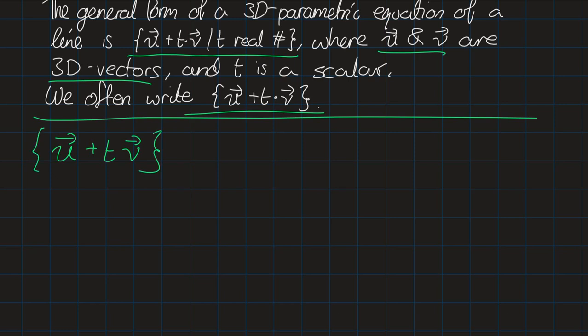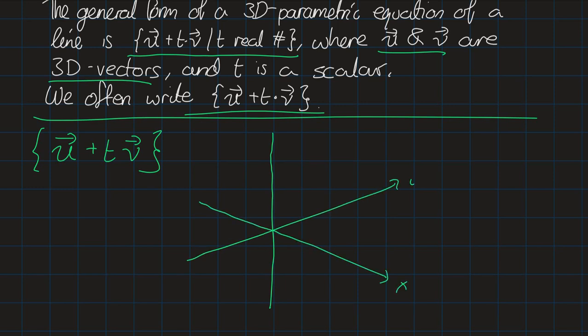Let's say we're dealing with a parametric equation u plus tv. How can you think about this? Well, if I draw some coordinate axes, now in 3 dimensions, a 3-dimensional x, y, z, one way is to think of this as the vector u, and the line being traced out by an airplane in the sky.